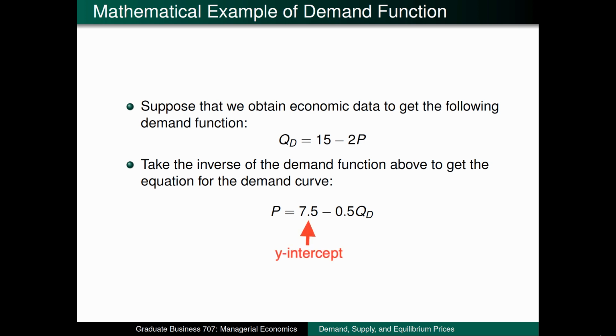Therefore, the y-intercept for the demand curve is 7.5 and the slope of the demand curve is negative 0.5. This negative slope is the reason why the demand curve is downward sloping. We'll come back to this equation when we meet for the face-to-face session on the second half of this chapter.